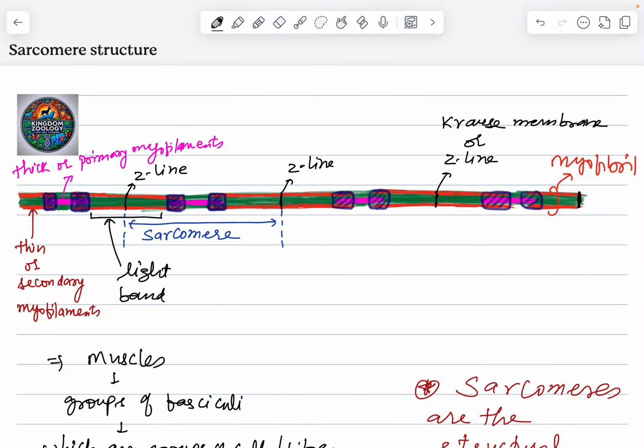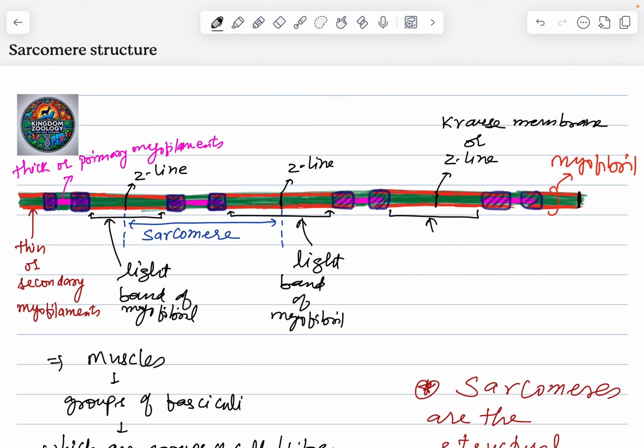The light band of the myofibril. This is one more light band of myofibril. This is one more light band of myofibril.